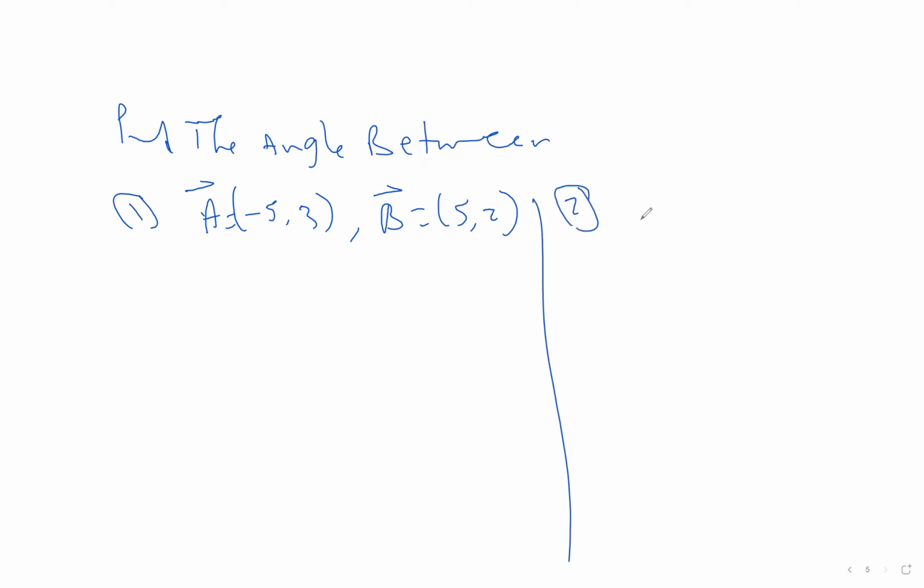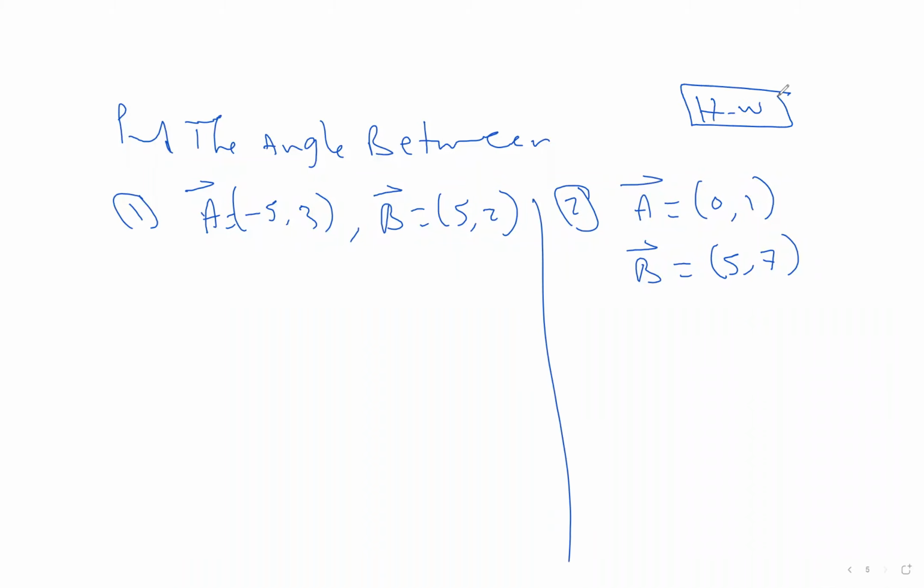Number 2, A equals (0, 1), B equals (5, 7). This is homework, and I'm going to check it tomorrow, God willing. Okay, everyone.